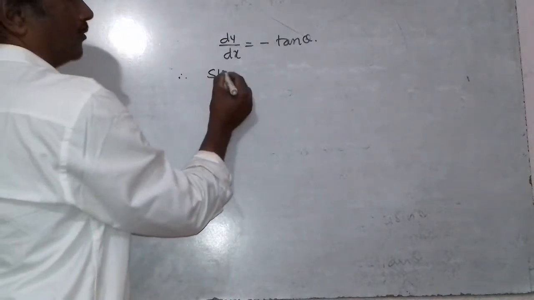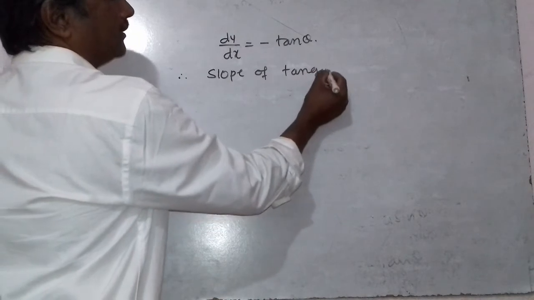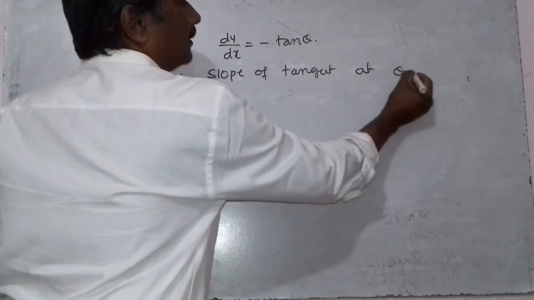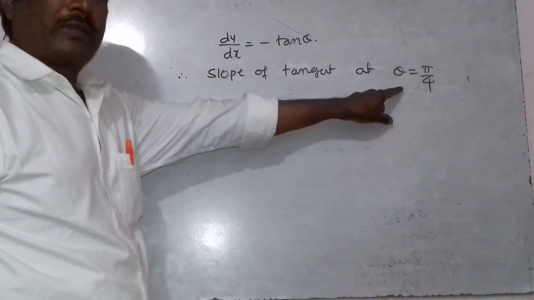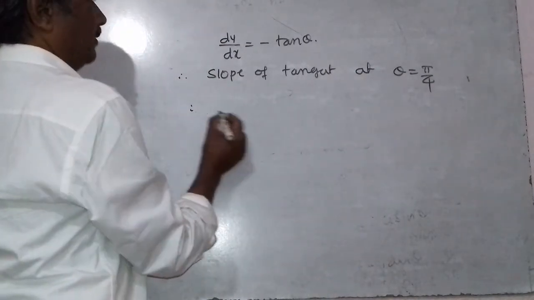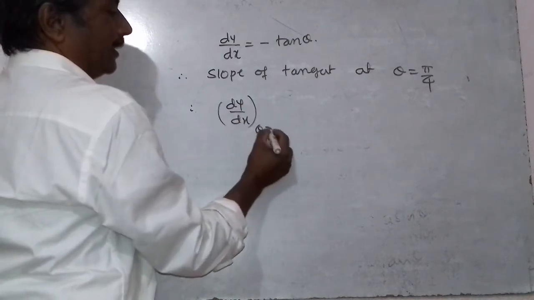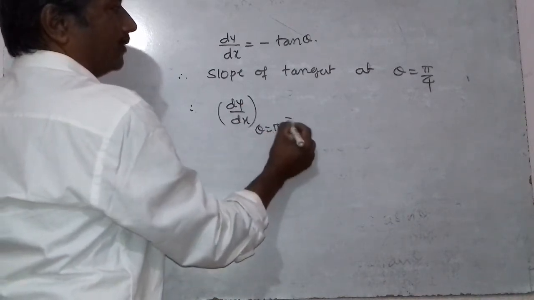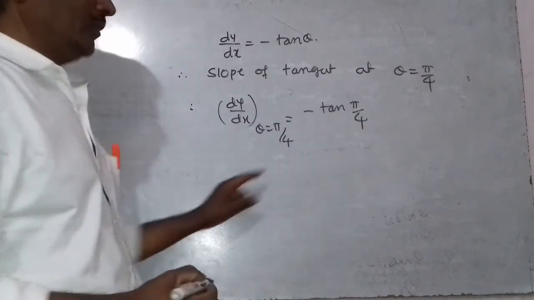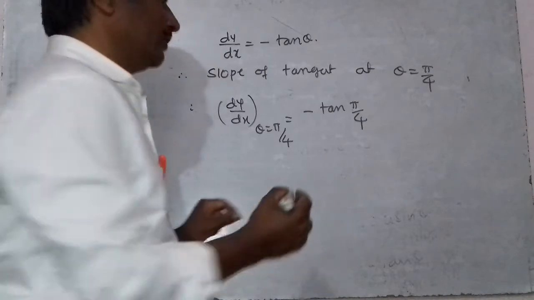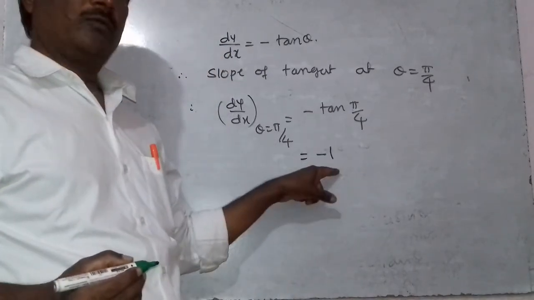Therefore, the slope of tangent at theta equal to pi by 4: dy by dx at theta equal to pi by 4 is minus tan pi by 4, which equals minus 1, since tan pi by 4 is 1.